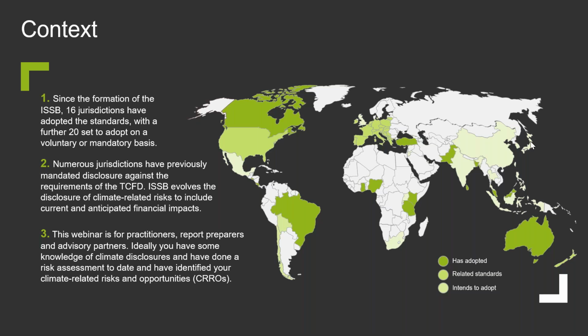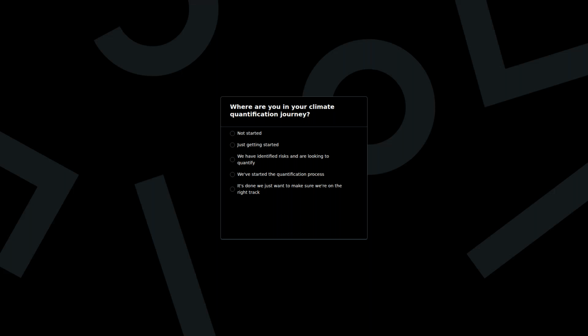I think we are just going to move to a quick poll. We're essentially going to do a quick straw poll of the audience to see what the level of disclosure to date is.